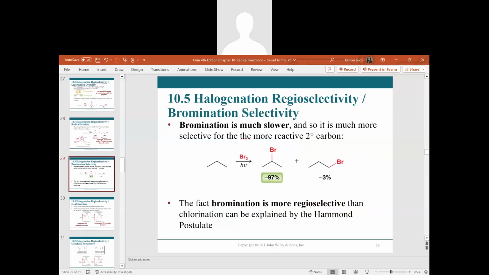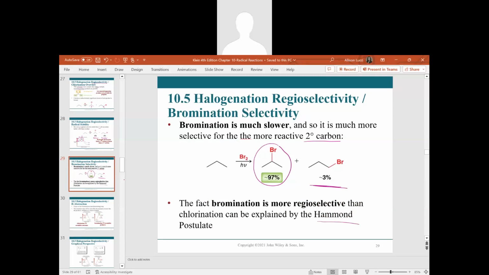It's a much slower reaction, and it will be much more selective for a secondary carbon site because of that lower potential energy. So we see a secondary bromination about 97% of the time compared to a primary bromination. So it is much more regioselective than this chlorination.